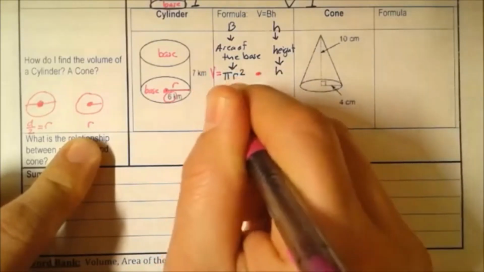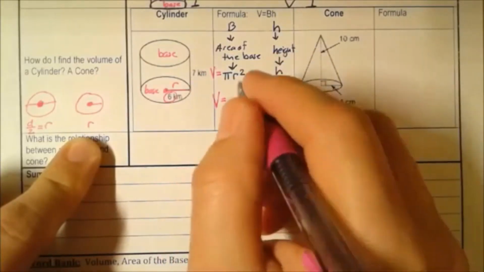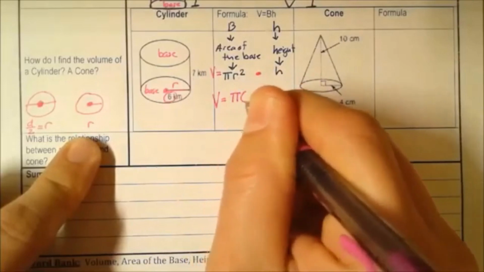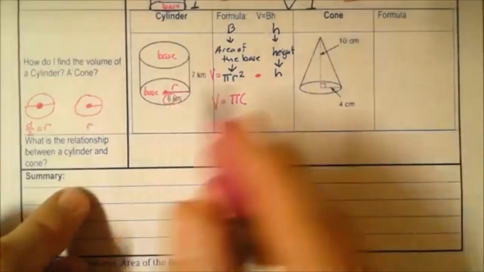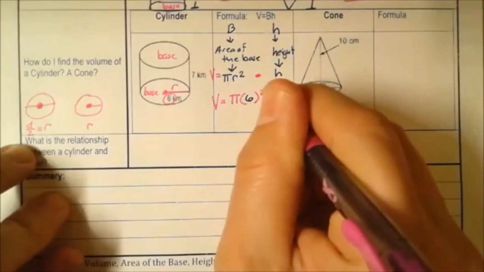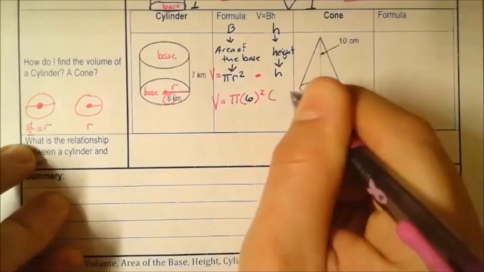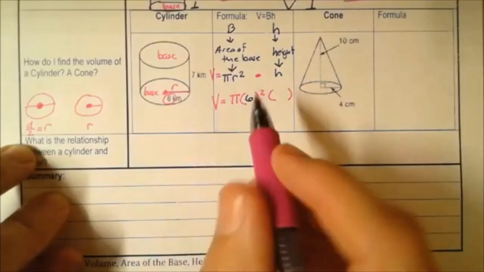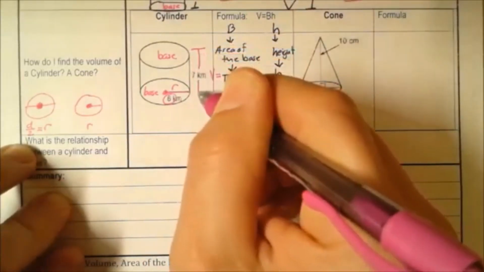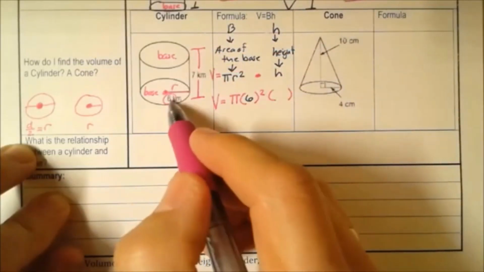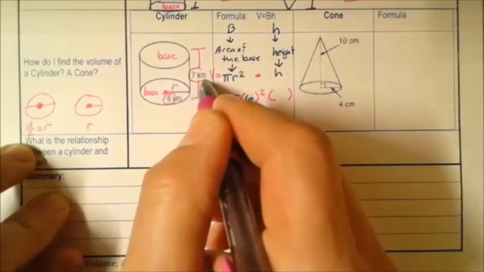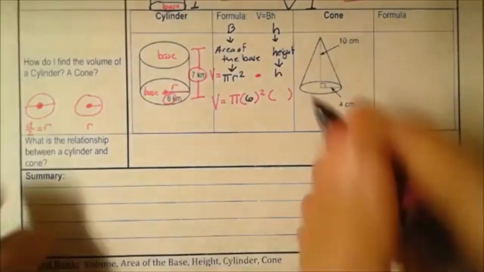V is equal to pi times my radius. My radius is 6, so I'm going to put a 6 in there, squared, times the height. For the height, we have to look, what is the distance between here and here, the distance between the two bases? Notice that it's always written out on the outer edge. It says that it's 7, so we're going to put a 7 inside of there.